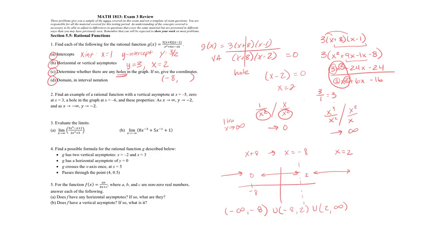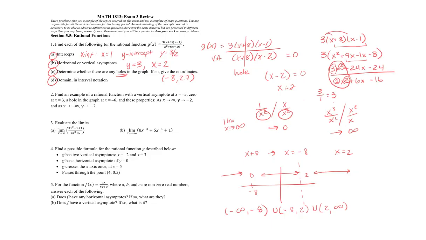So for that coordinate, we need to put in 3 times negative 8 plus 8, and then we also need to put in negative 8 minus 1, and then we need to do negative 8 plus 8, and then we also need to do negative 8 minus 2. And with that, we should get 2.7 as our y coordinate for that.